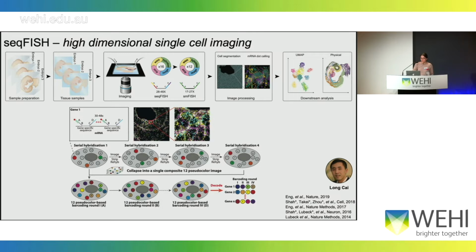The approach for seqFISH is a barcoding technique where a number of individual rounds of images are taken that essentially capture pseudocolors, which then build up a barcoding scheme for multiple genes.